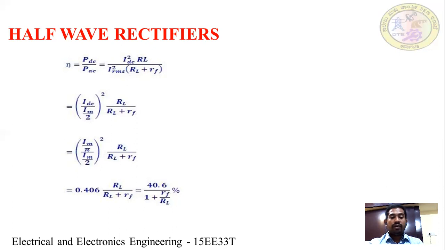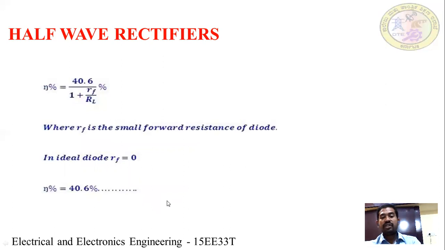After simplification, we get 0.406 RL divided by RL plus RF, which is equal to 40.6 divided by 1 plus RF divided by RL. Therefore, the efficiency of the half wave rectifier is 40.6 percent.